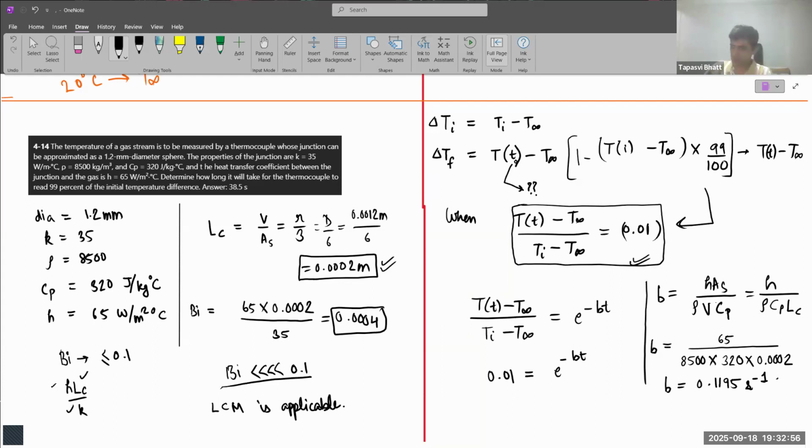This is the value of B. You can calculate t naught. It's very simple. So 0.01 is e to the power minus 0.1195 times t naught. From this, you arrive at t naught is 38.5 seconds. This is the final answer.